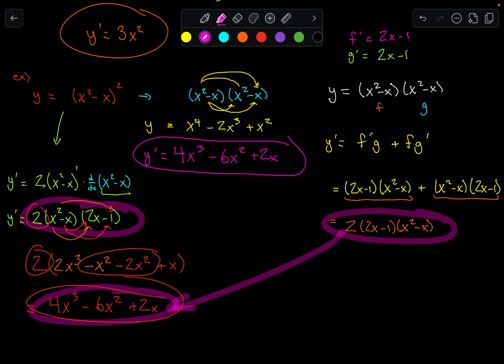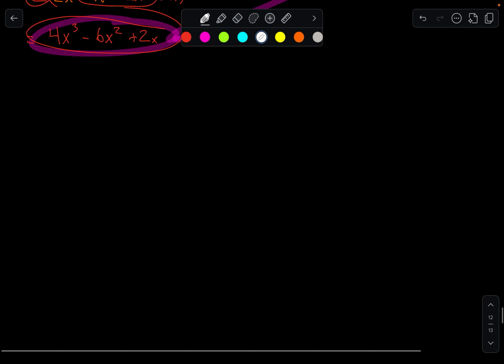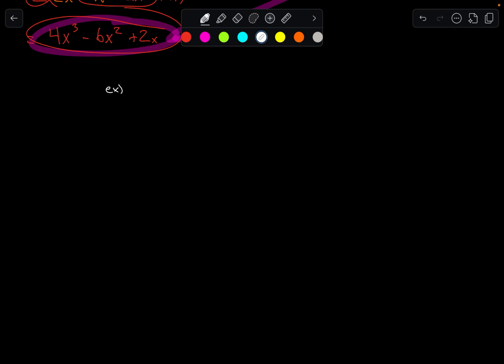And as the problems progress, you're going to need to use the rules a little bit together. For instance, if you have something that's really strange looking, like maybe we have x squared minus x multiplied by x plus 3 raised to the 10th power, and then we're dividing this by 2x minus 1, all of a sudden, we could say, okay, well, the first thing that comes to mind maybe is to try the quotient rule.